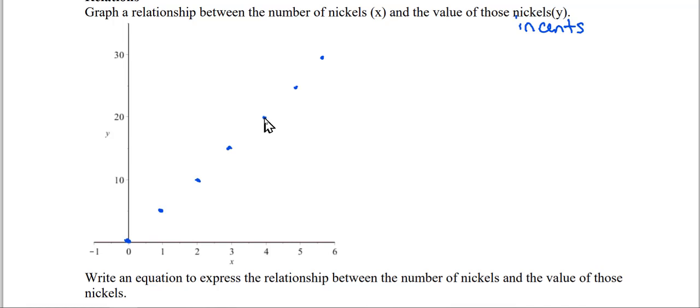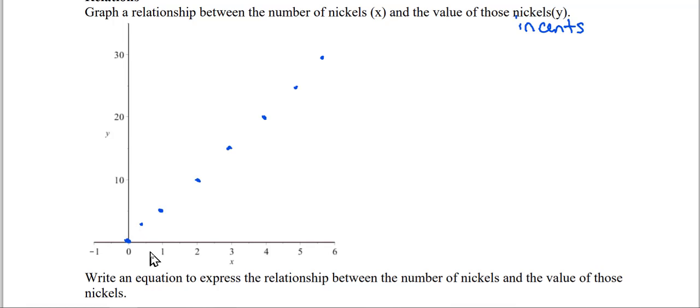So a good question for you here is, do I want to connect the dots? The answer is no, because when I connect the dots, that implies that I want to have a point in the middle there, which would be like having half a nickel. If I have half a nickel, it certainly doesn't have value 2.5 cents, right?